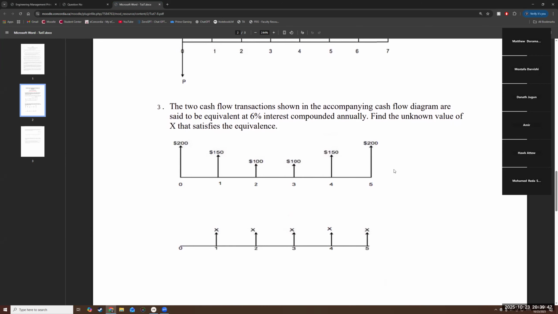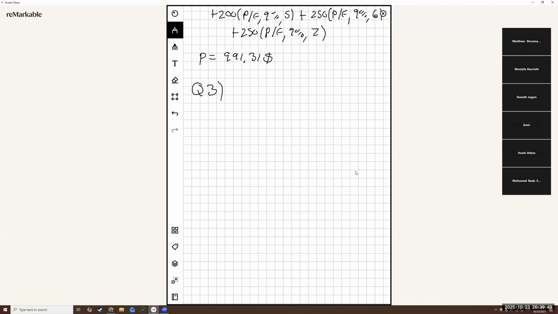Okay. Anytime we're comparing between two cash flows, for you to compare them, they need to be in the same format, right? And either that is present worth, annual worth, or future worth. Okay. So if you have them in present worth, that means they're each a P value, and you compare P value to P value, the equivalent P, right?